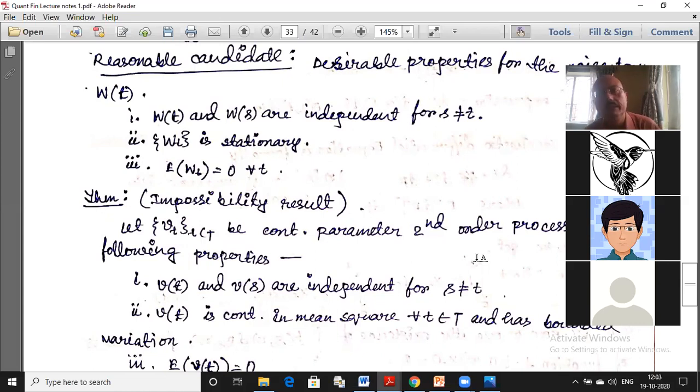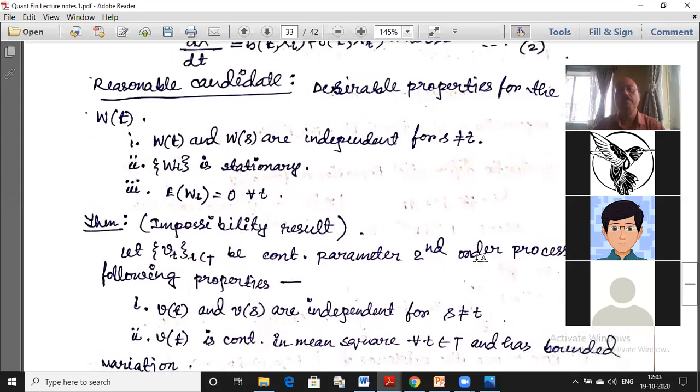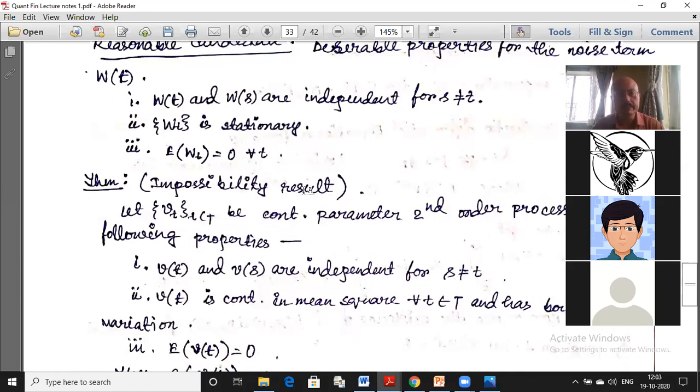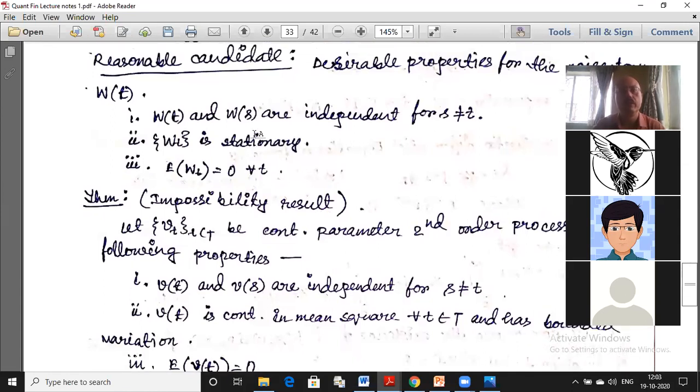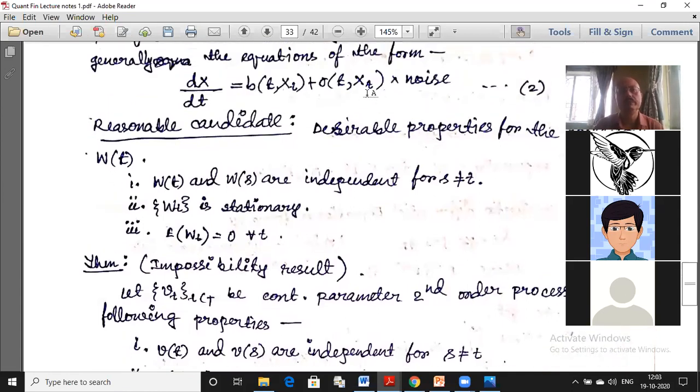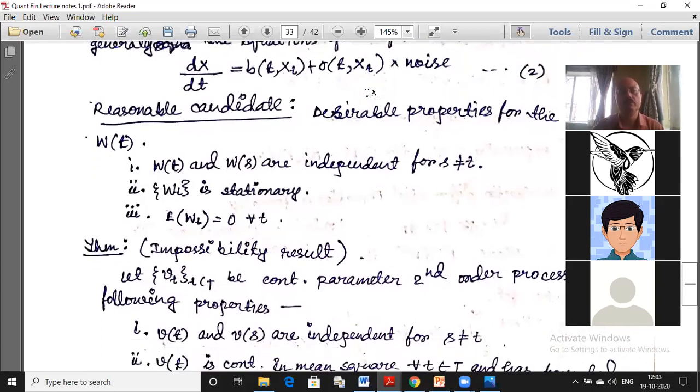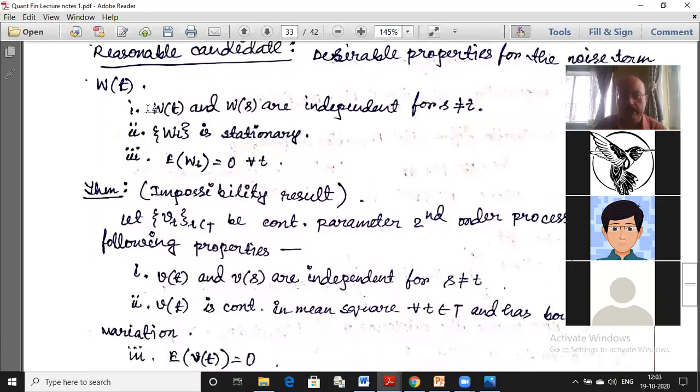Okay, so to find a reasonable candidate for our noise term, the desirable properties are the following. So what do I want? If my noise term is W_t, so now let us use W in a generic way. Of course, we know that eventually Brownian motion will be a candidate, but we also want to understand whether there are other candidates.